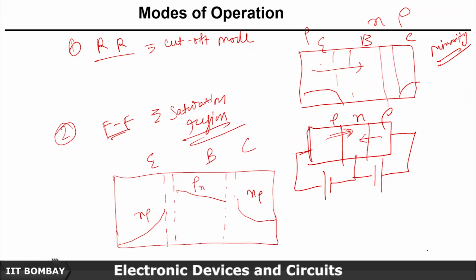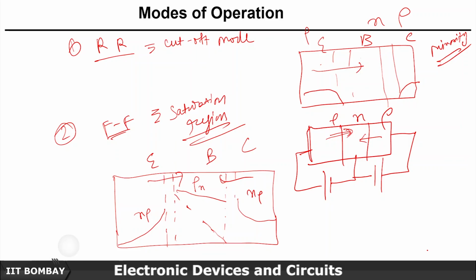So it doesn't go to 0 because diffusion is from here to here and here to here. So these are the 4 possible modes. We will mainly use the active mode for most of the applications, especially for amplifiers. For switches, 2 modes will be used. We'll talk about that later on when we talk about the applications of the transistors.